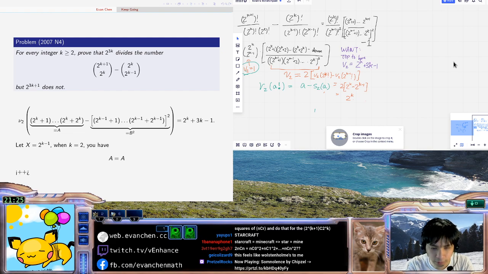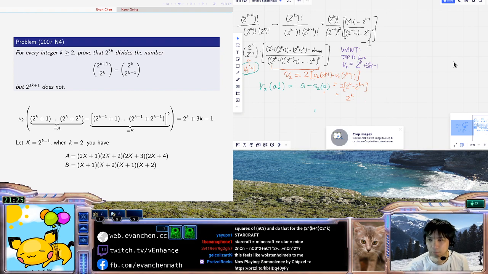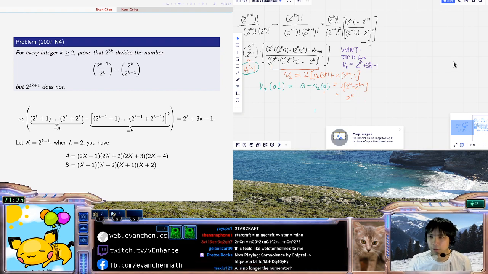So this is like x plus 1, x plus 2, x plus 3, x plus 4. And b is like equal to x plus 1, x plus 2. Sorry, this is 2, 2, 2, 2. Okay, so there is a bit of stuff that factors out. Right, because I can see the 2 to the k minus 1 plus 1 things factoring out.